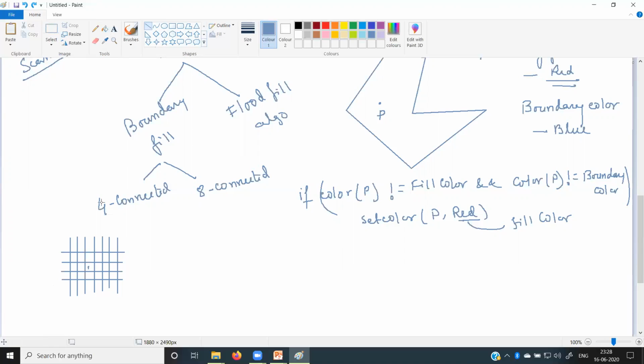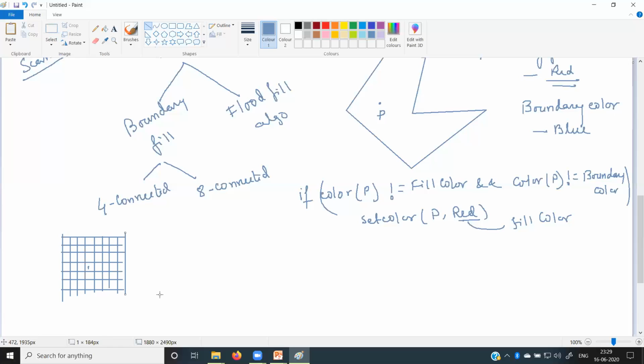Let me draw more grids, one more over here, one more over here, right?